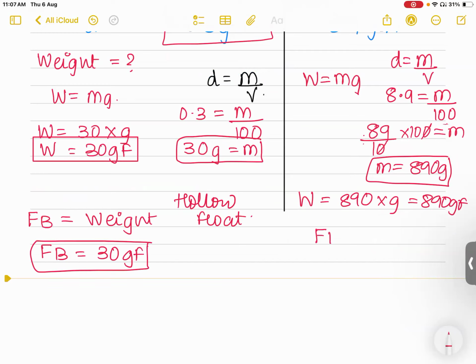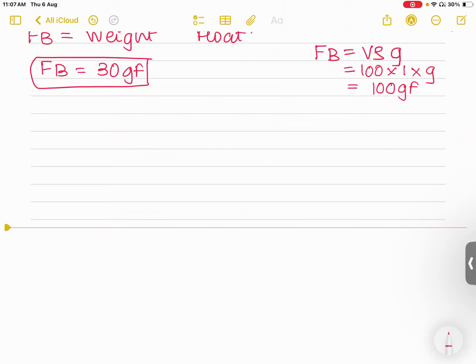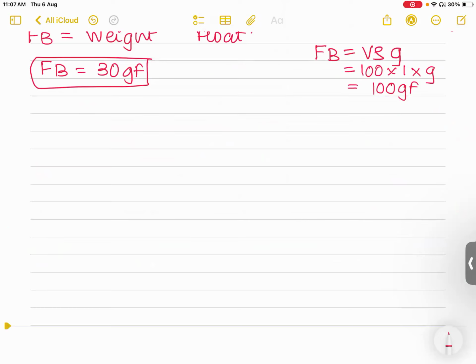In the second case, if you need to find out FB, we will have to use V rho g. I think volume they have given to me for the solid, which is 100. Density of liquid, I'm taking it as 1, which will be multiplied by g. So here FB will be 100 gf. Is it clear, guys? Okay. So here FB is 100 gf for the second case.